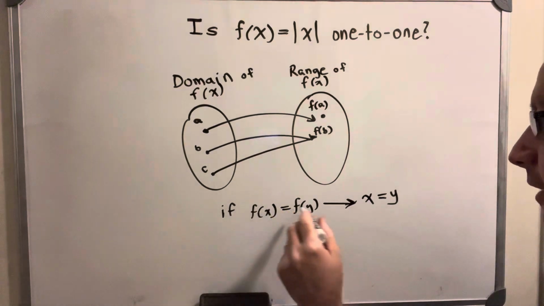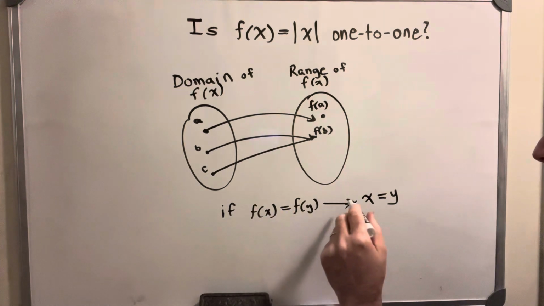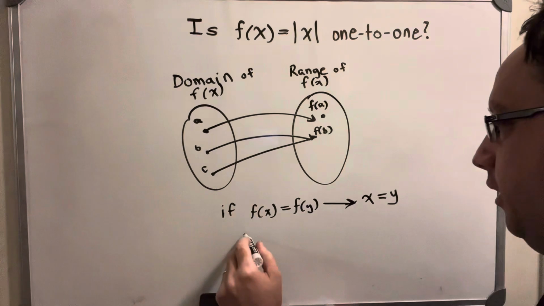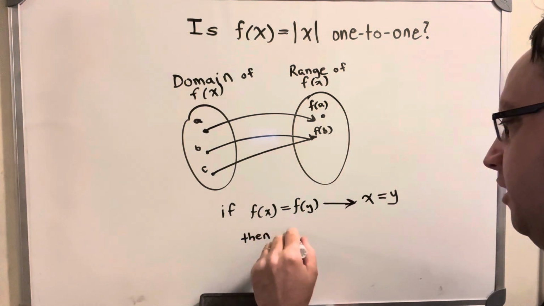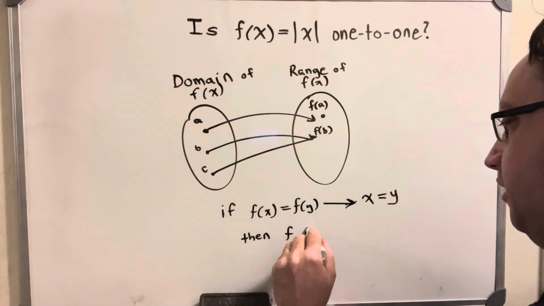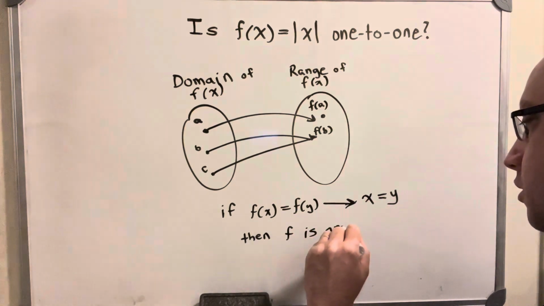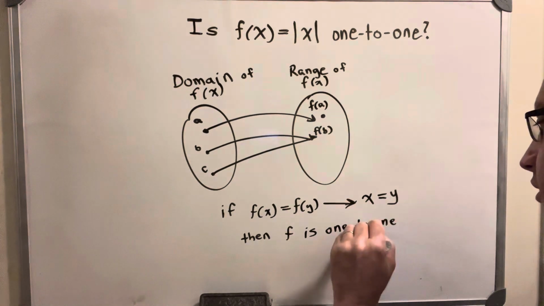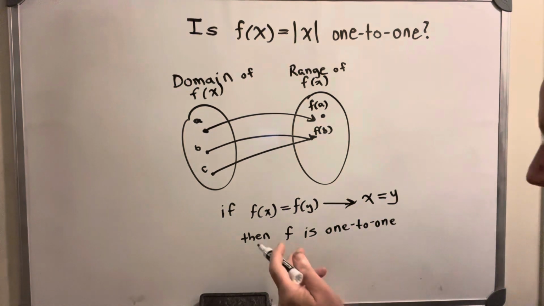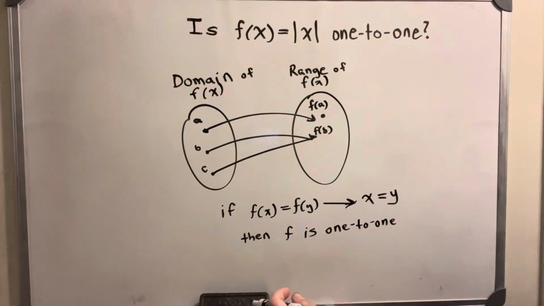If f of x equals f of y implies that x equals y, then f is 1 to 1. Let's use this as a definition.